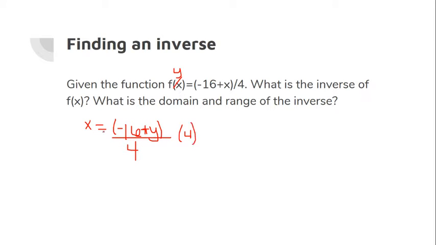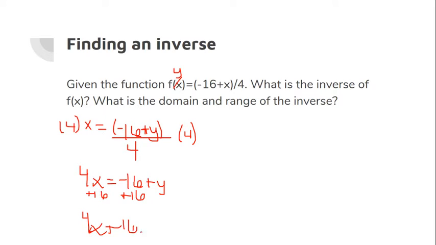I first need to multiply by 4, so we get 4x equals negative 16 plus y. To solve for y, I need to add 16 to both sides. So we now have 4x plus 16 equals y. The last step is instead of y, we write our notation for the inverse and then write that equation. So that is our inverse function.